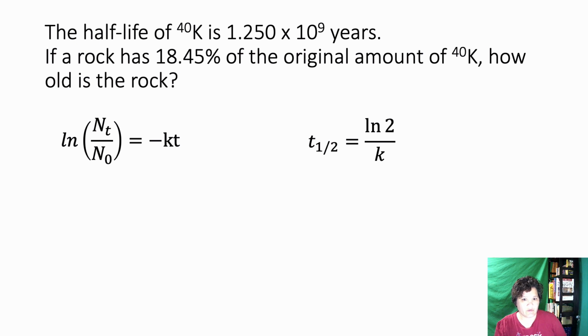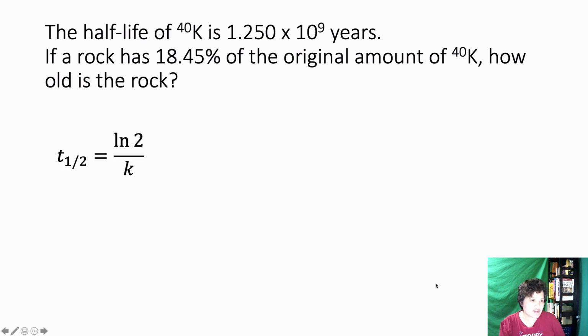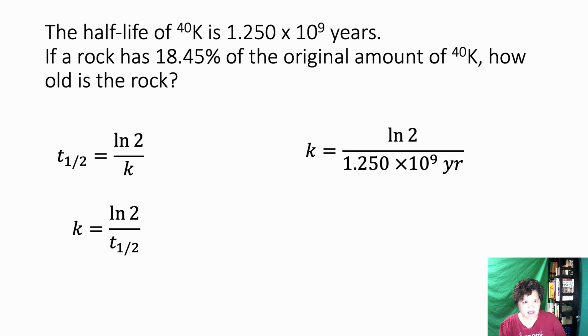And so what we have to do is use our half-life equation to calculate the rate constant. So this is the way that I showed you before. You can rearrange that and write the rate constant in terms of the half-life. Now let's plug in our numbers. The rate constant is going to be the natural log of 2 divided by 1.25 times 10 to the 9th years.